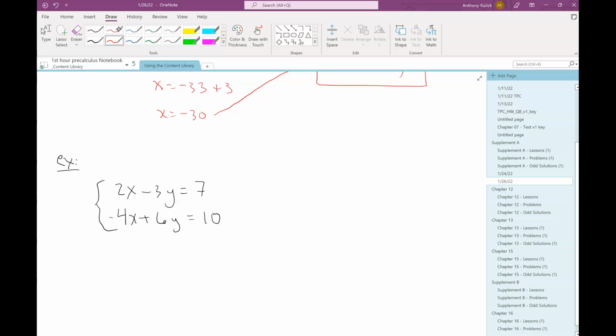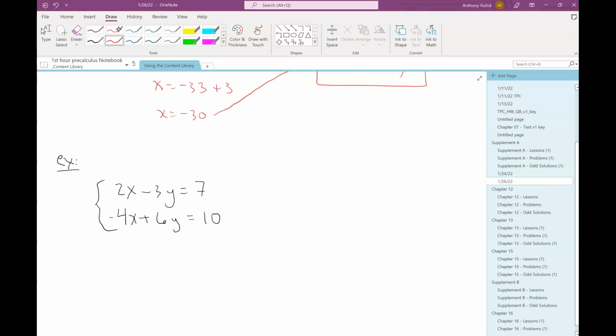So here's another example. I look at this, and it doesn't seem like any variable in any equation is going to be particularly much easier than any other to solve for, right?